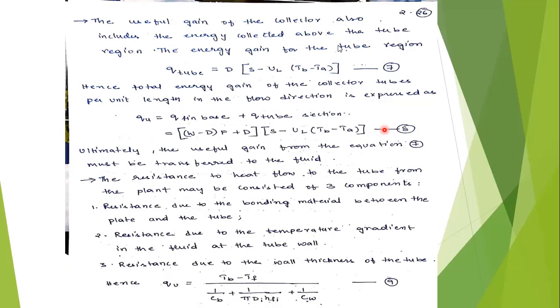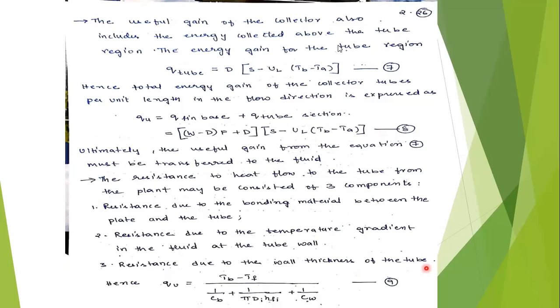The second one is resistance due to temperature gradient. The fluid we are using has some temperature gradient, and this offers a resistance to the heat flow. The third one is resistance due to the wall thickness of the tube.